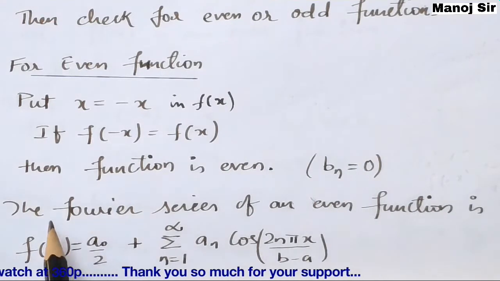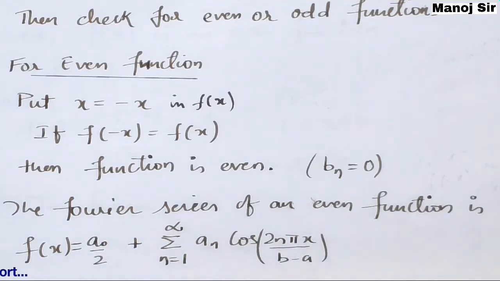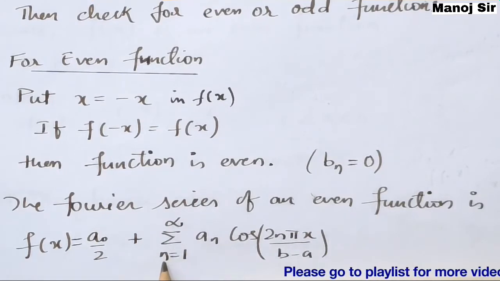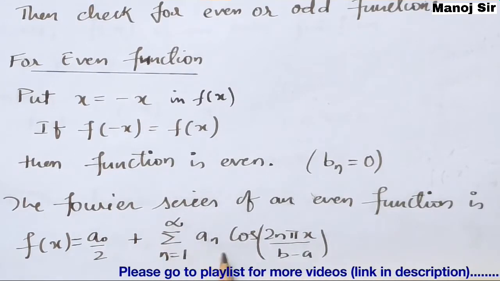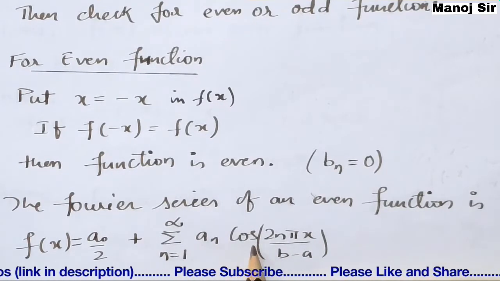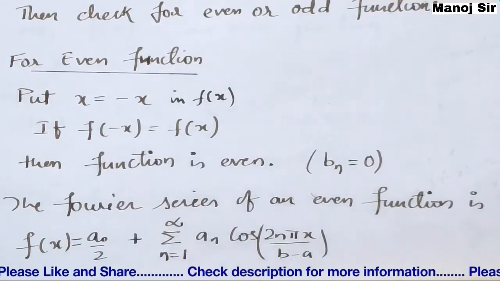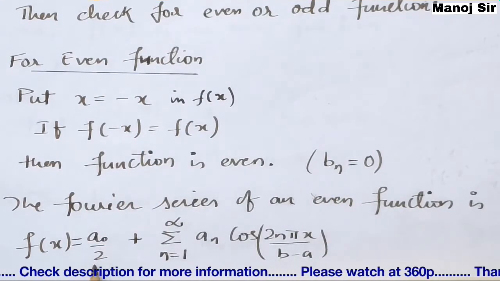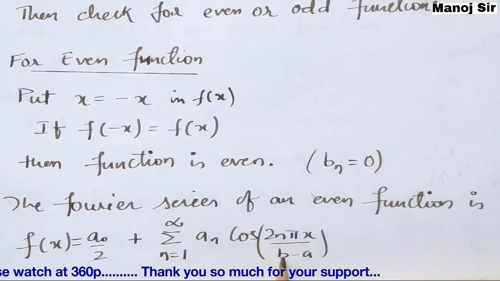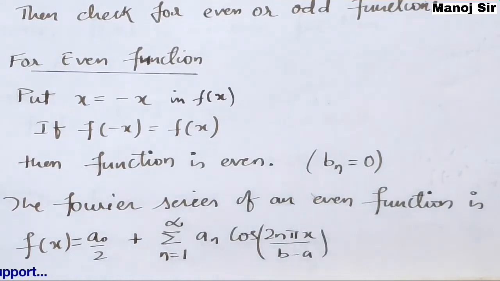In that case you can say the Fourier series of an even function is given by this, that is f of x equals a naught upon 2 plus summation n equals 1 to infinity an into cos of 2n pi x upon b minus a. This is the only formula that we need to apply while finding the Fourier series of that even function f of x. No need to find the third term, which is in terms of bn.